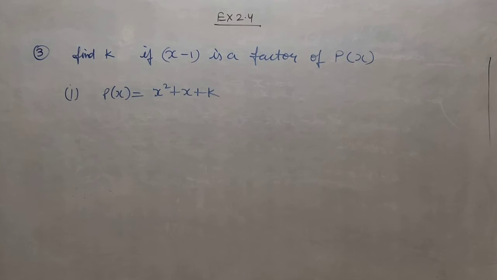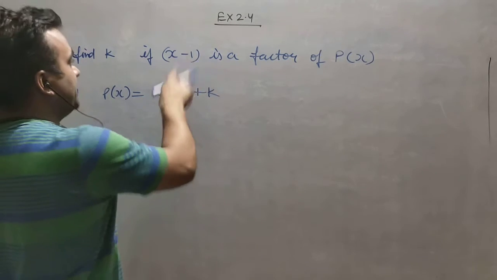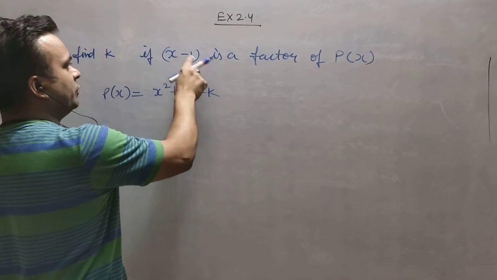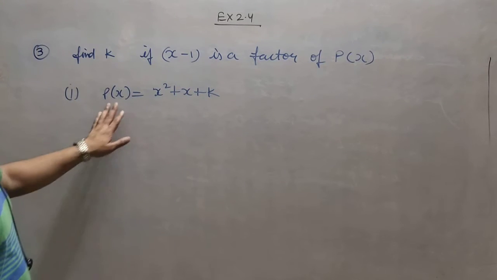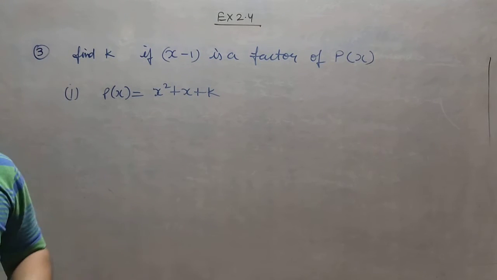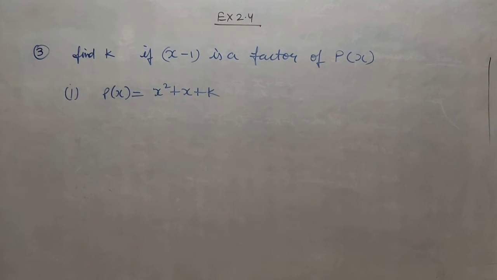This is very important, sir. Because here it is saying that it is a factor. We do not have to prove it here. It is a factor. It means if we put x equal to 1 in the polynomial, definitely the remainder will be 0. This is the condition of the factor theorem.